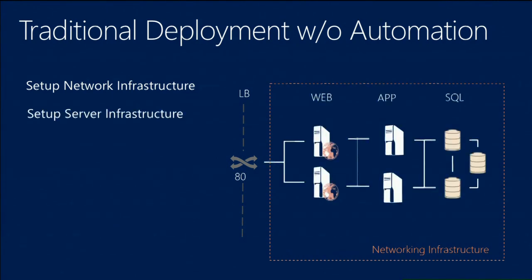From there, you're going to have to set up your server infrastructure, which likely means you're going to have to go order a bunch of servers. You're going to have to call your favorite OEM and have them ship you the servers. You're going to have to open up the boxes, get paper cuts and tape all over your fingers, and actually set up all these guys, get all the right firmware updates and network drivers and the SCSI RAID controller drivers. From there, you have to install Windows. You have to patch it.